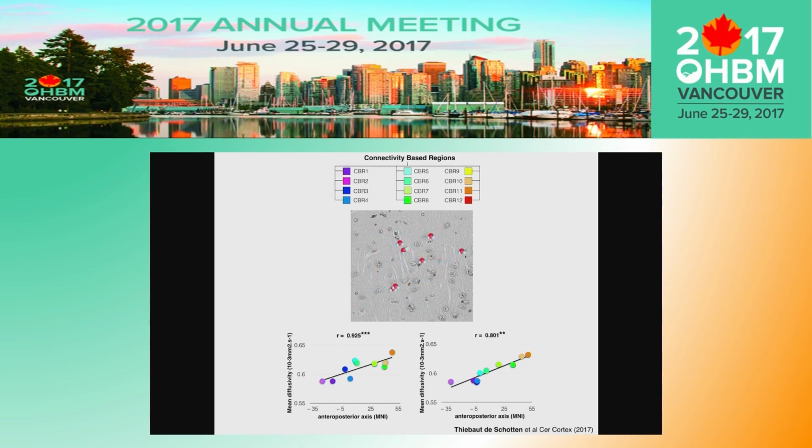We quantify how many molecules of water diffuse inside the tissue, and the mean diffusivity is the average amount of diffusion that happens. So the freer the water, the more mean diffusivity you have. There we could see that as you go towards the frontal pole, the more water is diffusing and moving inside your cortex.